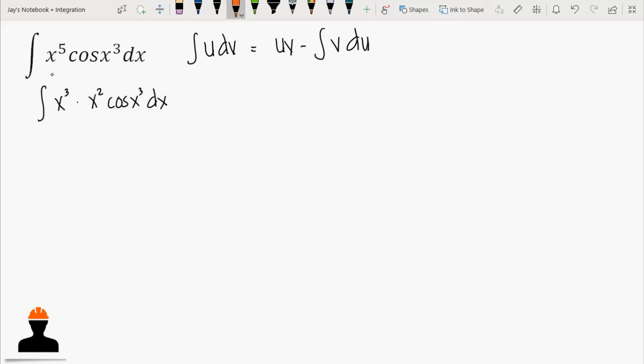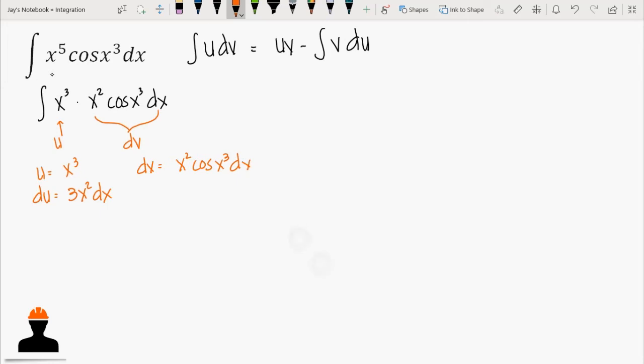In this case, this is our u, and this entire term is our dv. So if our u is x cubed, then our du is 3x squared dx. Now our dv is equal to x squared cosine x cubed dx.